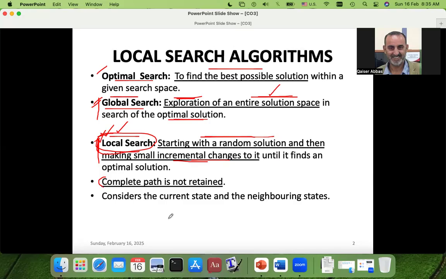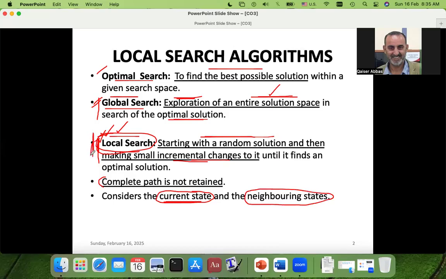We will consider only the current state. Whatever the steps are, we will only have the current state. We will not take care of any previous states. We only have to consider the current state and its neighbors, the next neighbors, not next to next, only the immediate next neighbors. So we have to take care of the current state and the next neighboring states in local search.